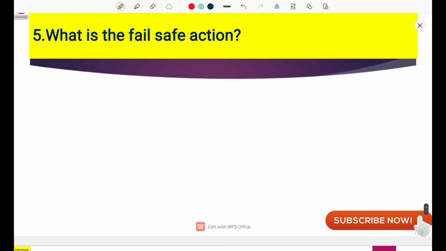Now this is a very important question. Whenever you go for any interview, this question is asked, 99% of the time: what is fail-safe action? There are two types of fail-safe action, fail open and fail close. What do fail open and fail close mean?